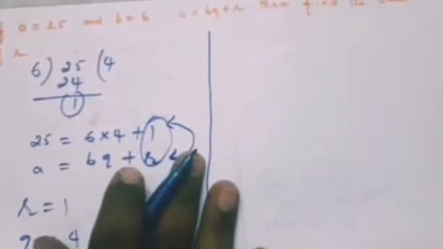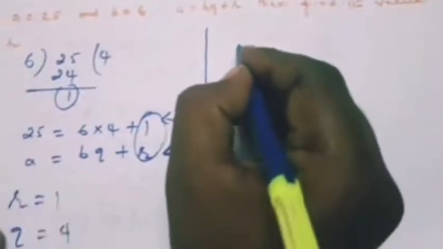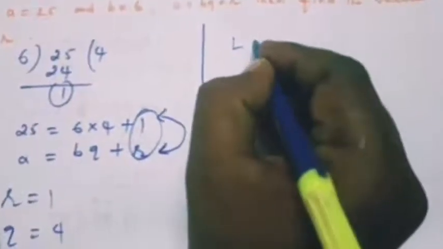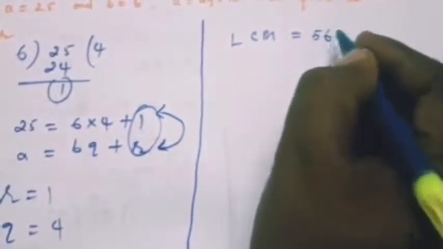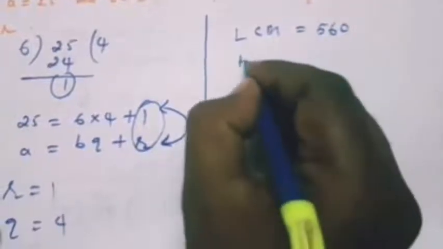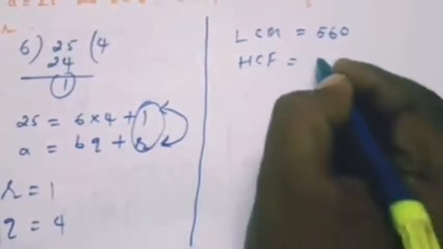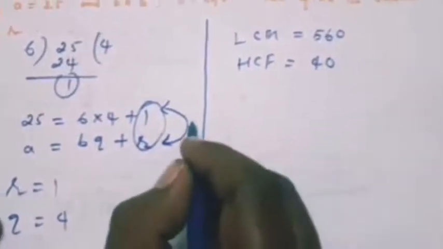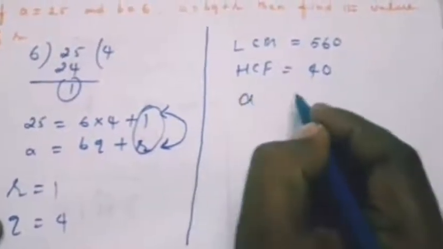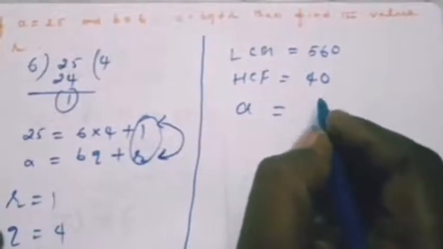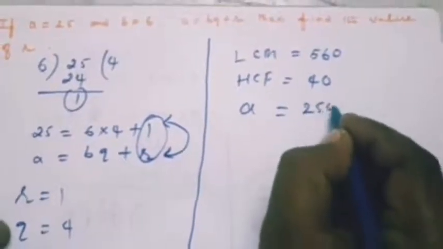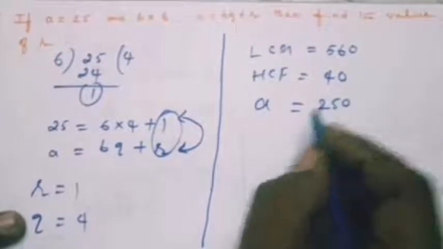So let me discuss a few questions. These are short questions. The LCM of two numbers is 560. HCF equals 40. If one of the numbers is 250, find the other number.